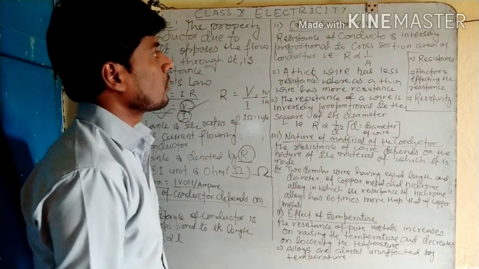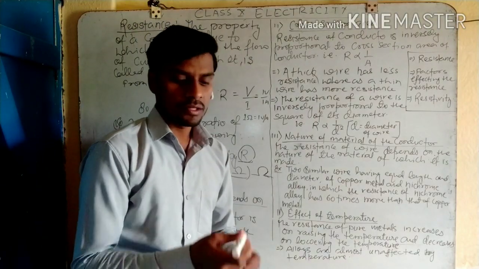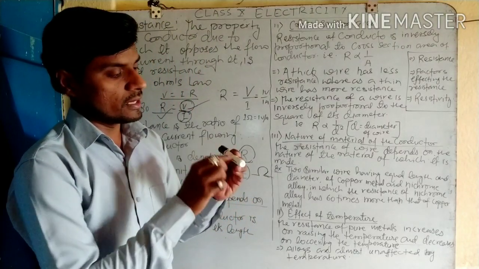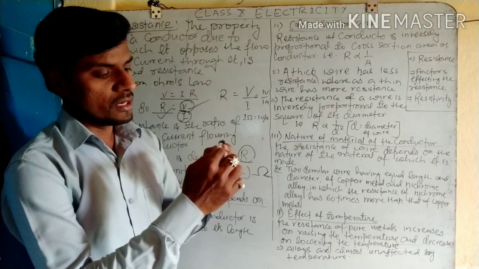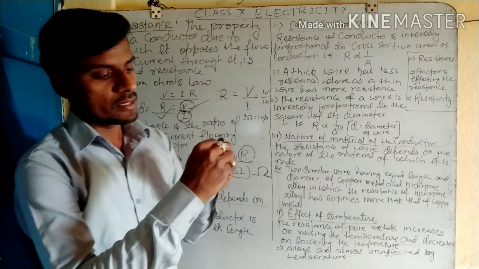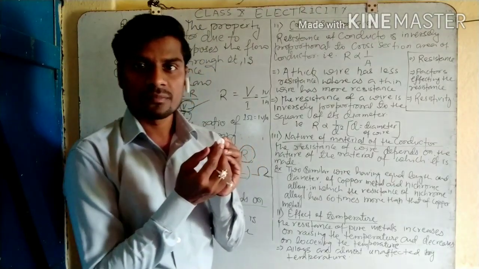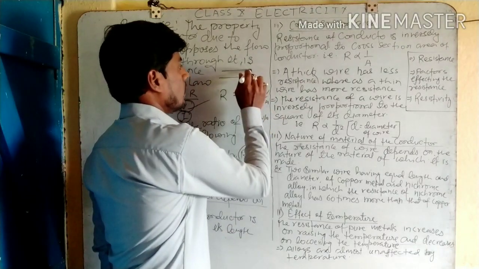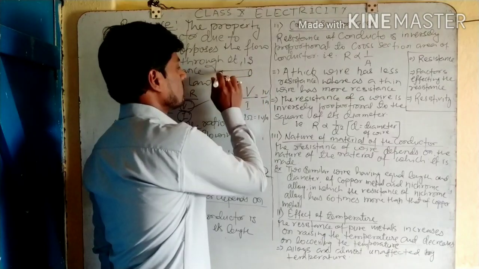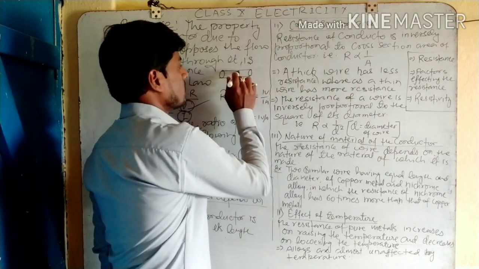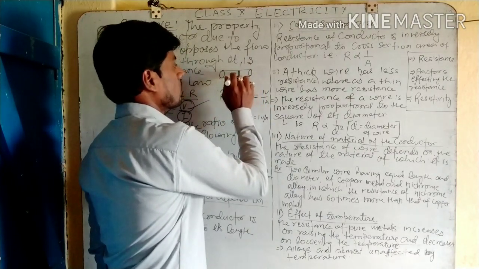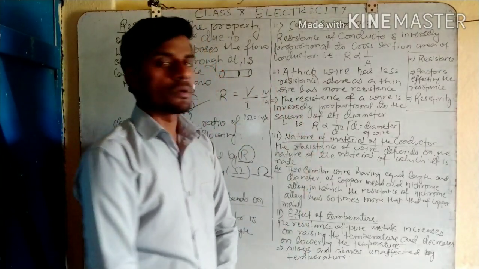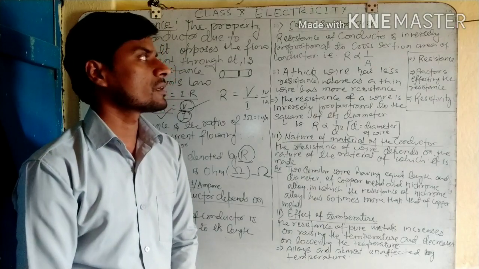Next is cross-section area. For example, this is a wire and this is its length. When we cut a single piece of this cylinder, this is the cross-section area. So the resistance of a conductor is inversely proportional to the cross-section area of the conductor.